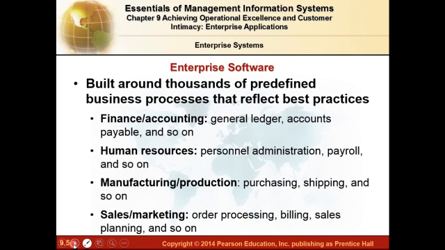Okay. Enterprise software. Enterprise software built around thousands of predefined business processes that reflect best practices. Many businesses assume that their operations are totally integrated across functional lines. After all, manufacturing responds to an order from sales and produces a product for which accounting and finance sends an invoice.